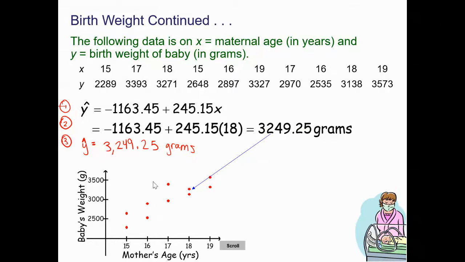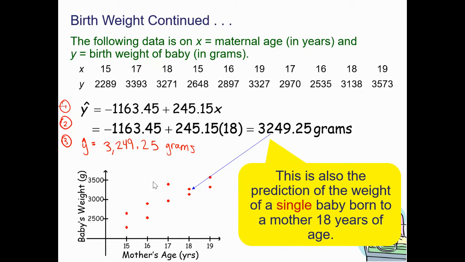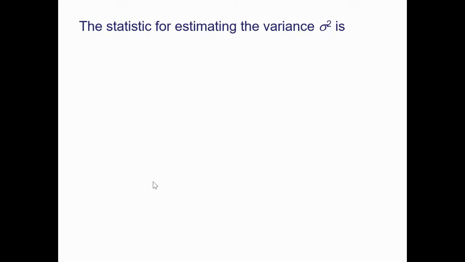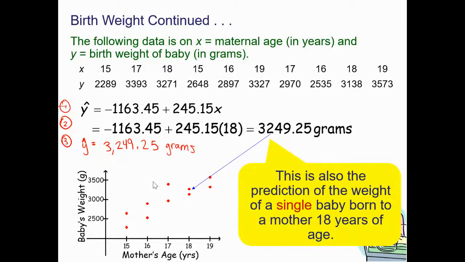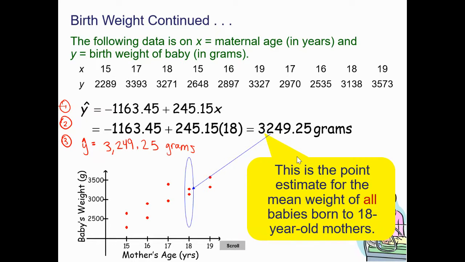Another way we can interpret this is the prediction of the weight of a single baby born to a mother 18 years of age. There were 2 blanks within these bubbles. "All" was a blank, and then "single" was a blank.